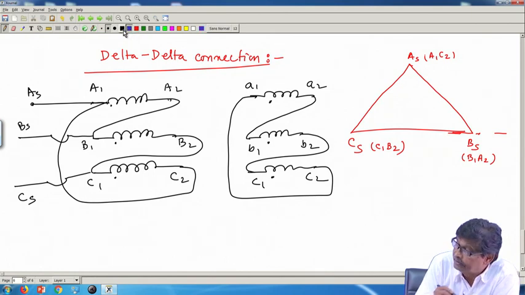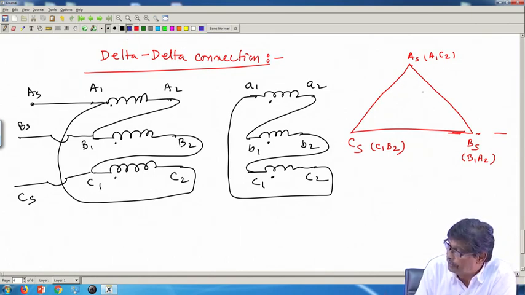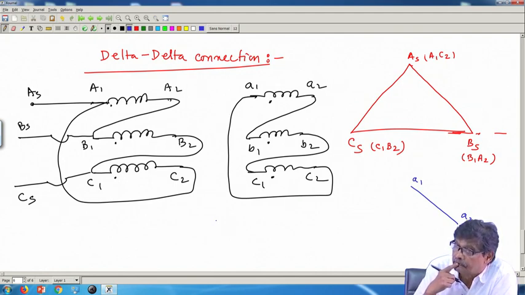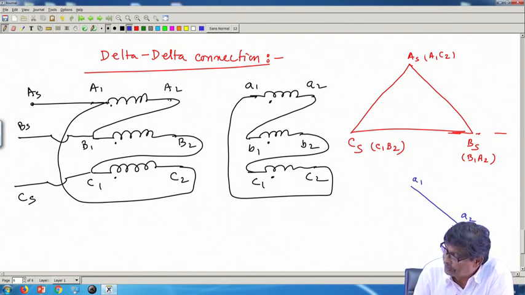Secondary voltages A1 A2 will be parallel to this line. B1 B2 will be parallel to this line, correct or not? So, B1 B2 I will put it here, bring it down.